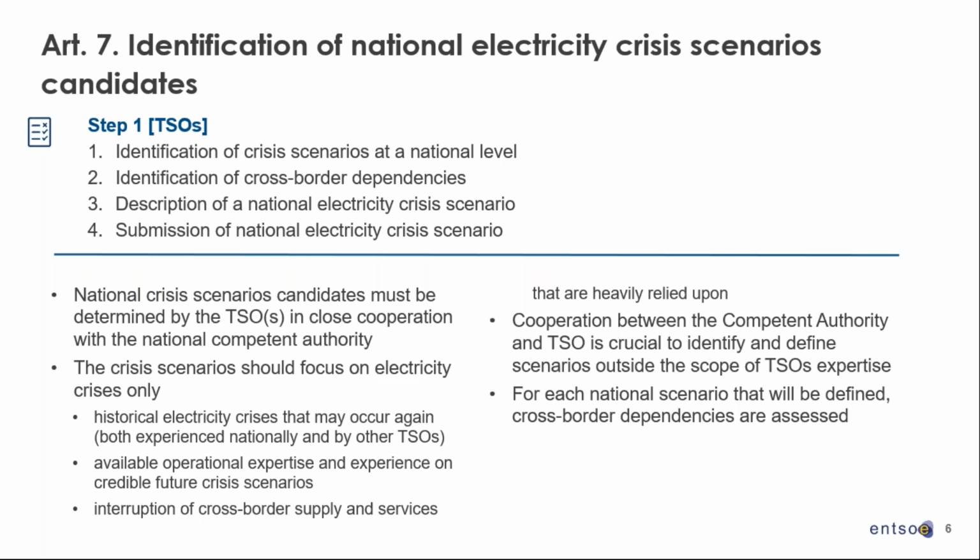So it is the responsibility of the TSOs to identify the crisis scenarios at a national level and identify their cross-border dependencies. So we're looking at national crisis scenarios that form a potential candidate for a regional crisis scenario.